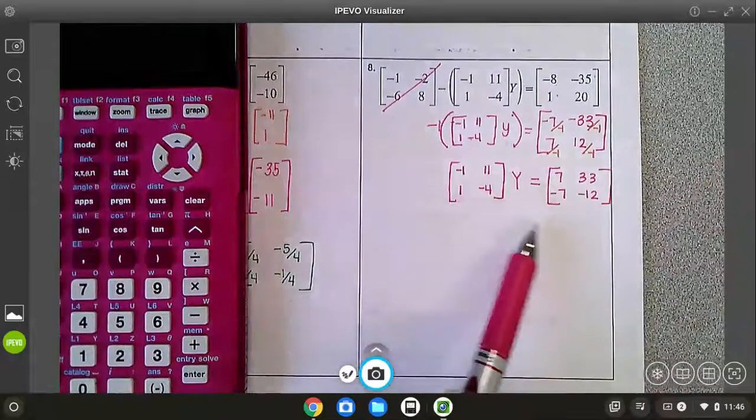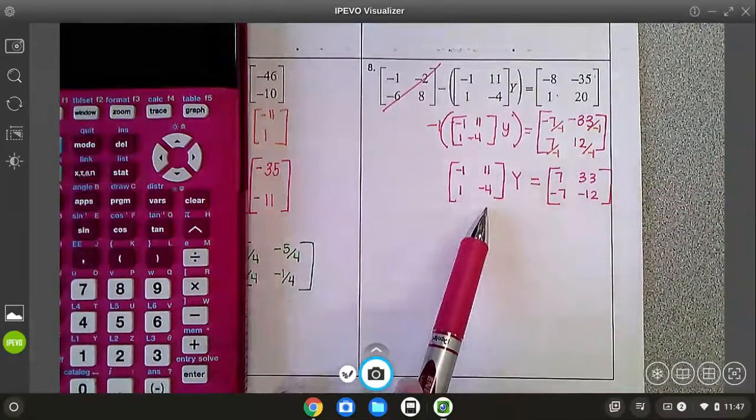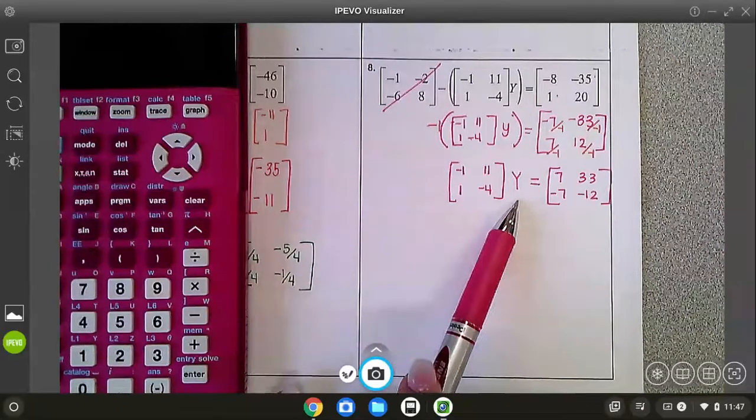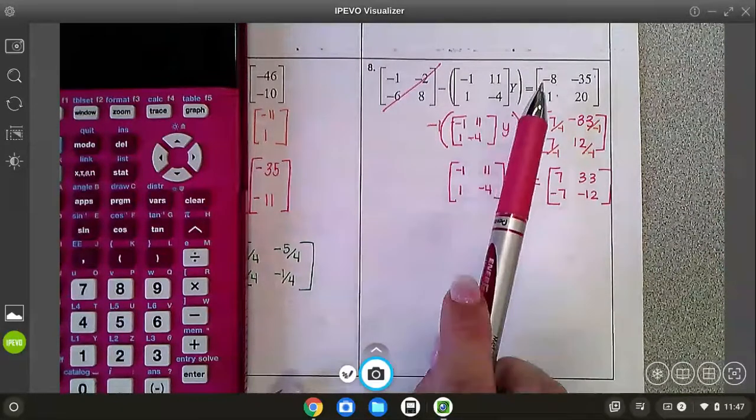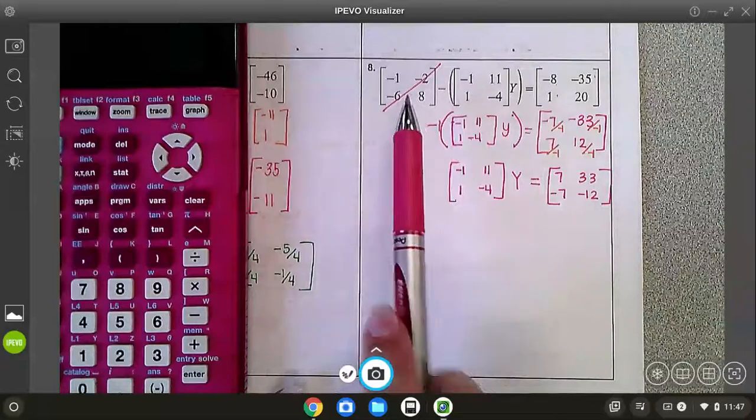So I want you to take it from this step and try to find y. And if I were you, because this one's pretty complicated, I would definitely check your answer.